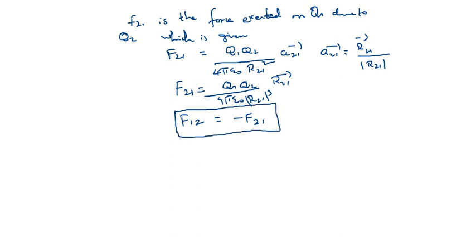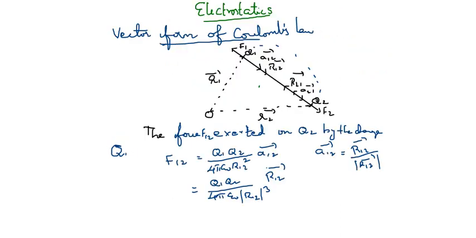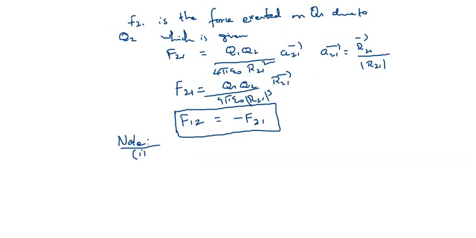So let us note some points. From the figure in the first slide, F12 is equal to minus F21.